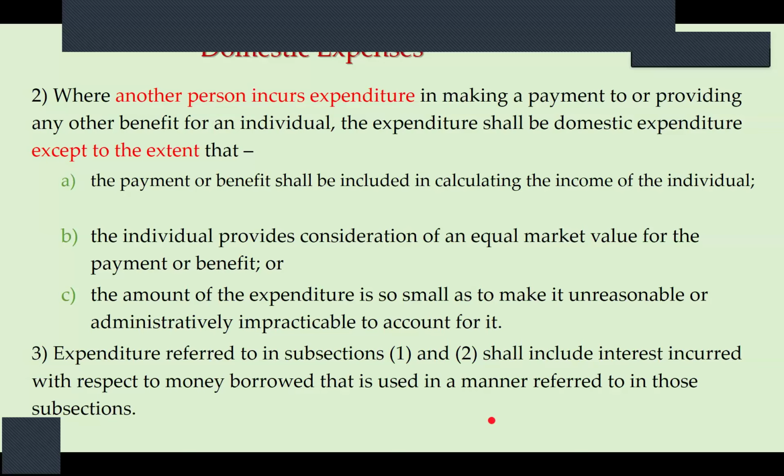The expenditure shall be domestic expenditure except to the extent. So if the expenditure is like this, provided under items A, B, C, that kind of expenses will be considered as domestic. So that is why it says the expenditure shall be domestic expenditure except to the extent other than these things.